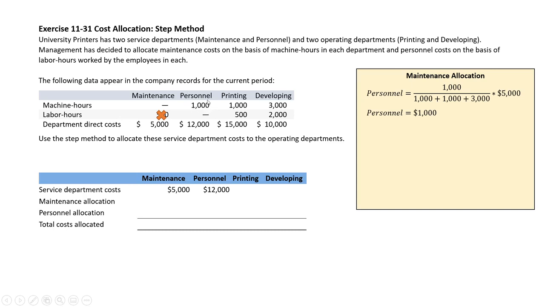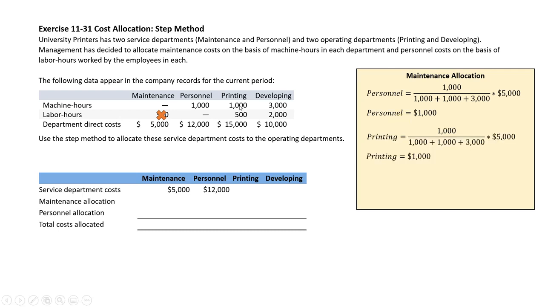There's 1,000 machine hours provided by maintenance to personnel relative to, again, 1,000 plus 1,000 plus 3,000, which is 5,000. 1,000 divided by 5,000 times $5,000 of maintenance total. A total of $1,000 of that 5,000 in maintenance costs would be allocated to personnel.